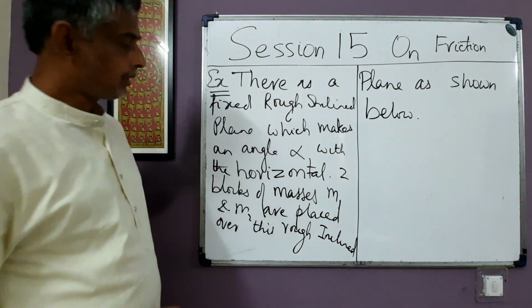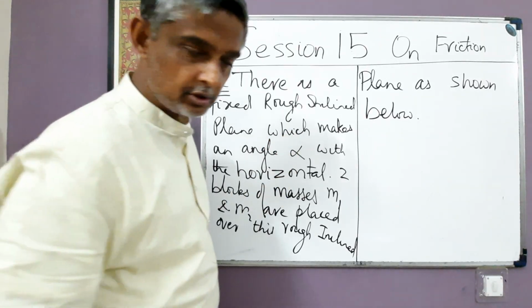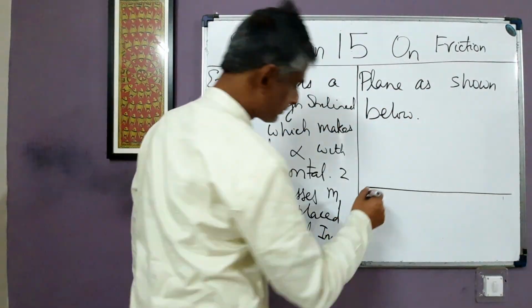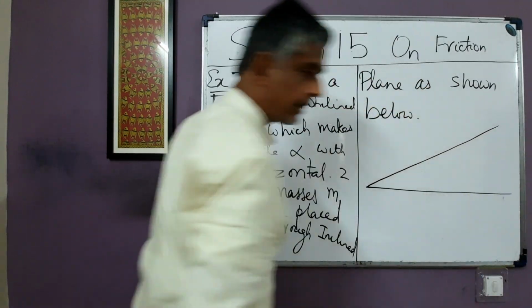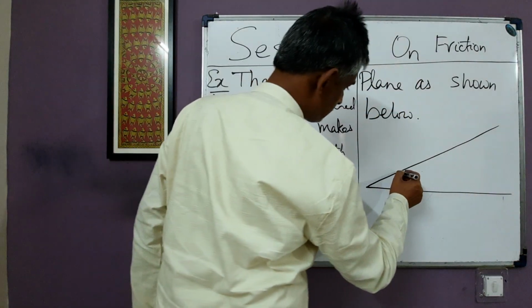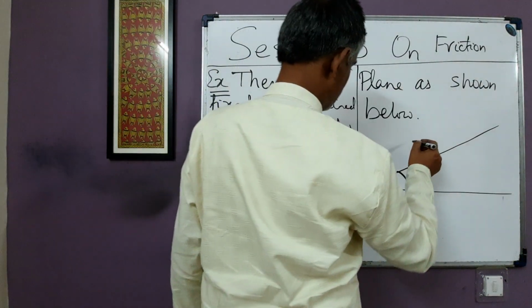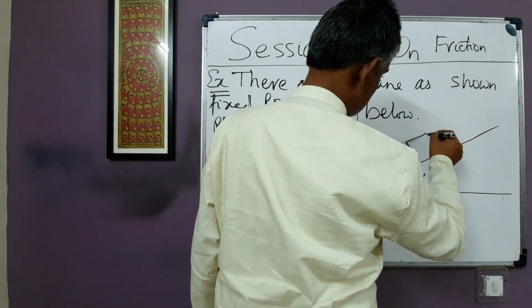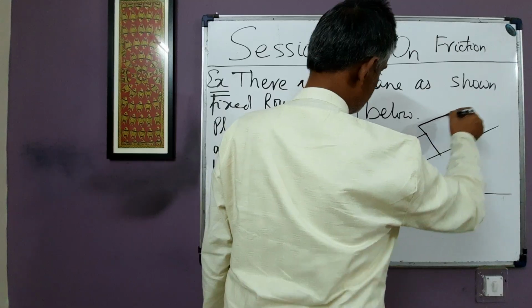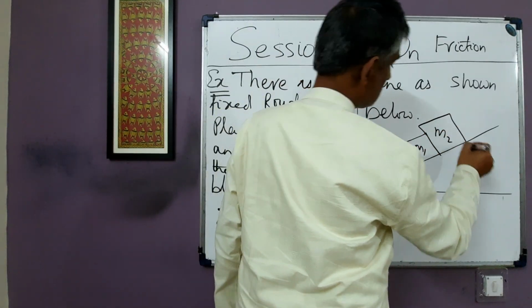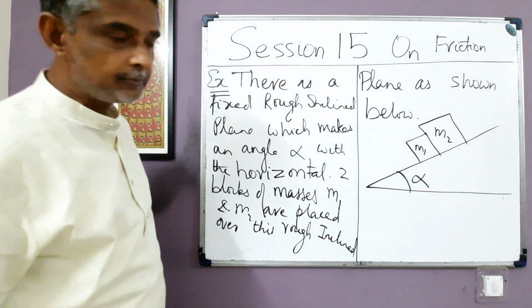Now I draw the diagram of the situation. This is the horizontal direction. This is the fixed rough inclined plane. This makes an angle of alpha with the horizontal. There are two blocks of masses m1 and m2. This is block 1 of mass m1 and block 2 of mass m2.